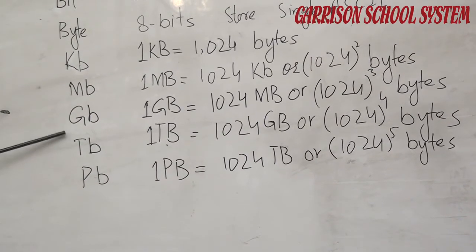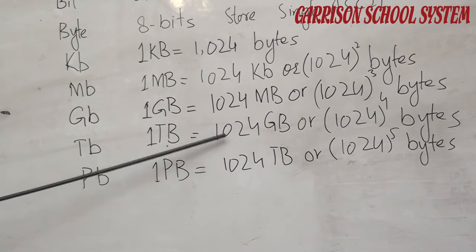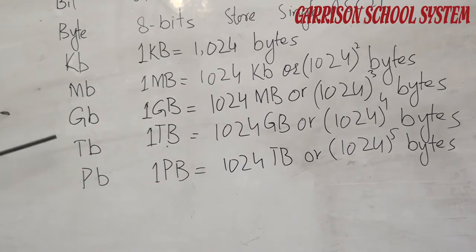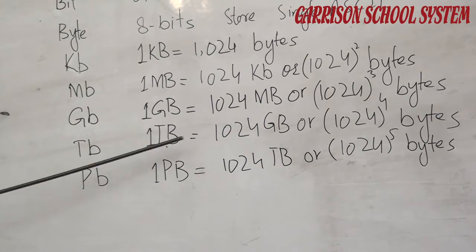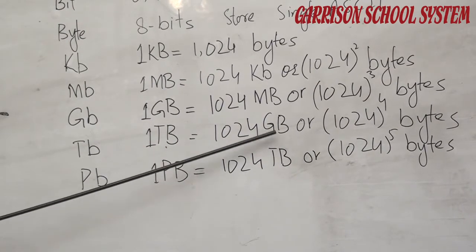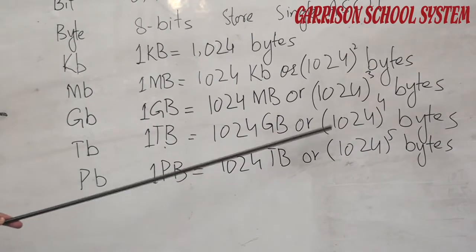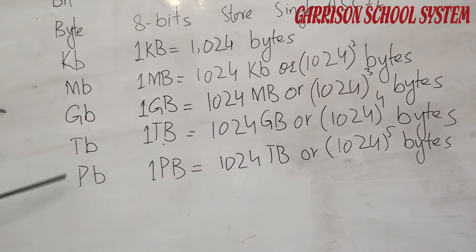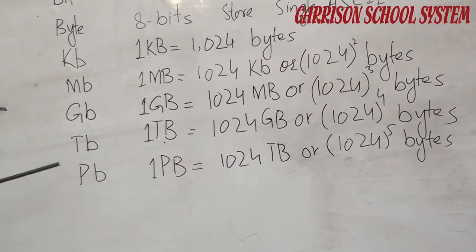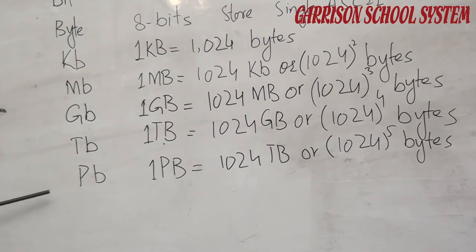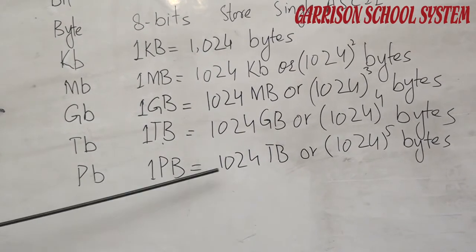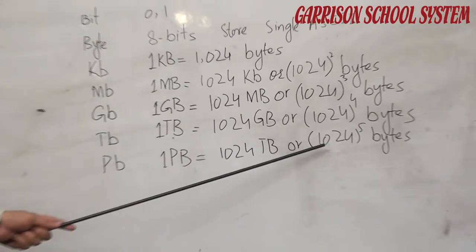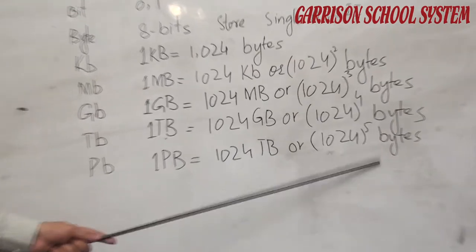TB, terabyte, 1 terabyte is equal to 1024 GB, or 1024 to the power 4 bytes. Now PB, petabyte, 1 petabyte is equal to 1024 terabytes, or 1024 to the power 5 bytes.